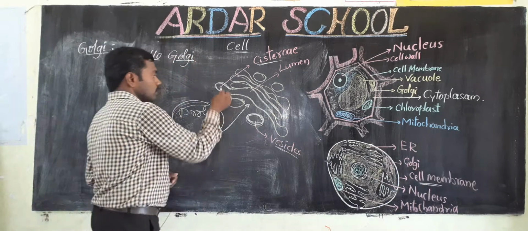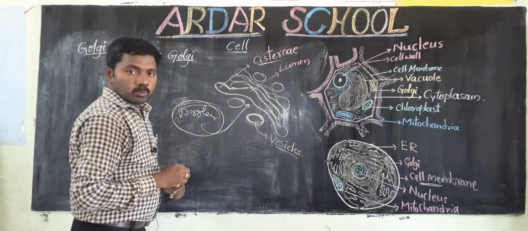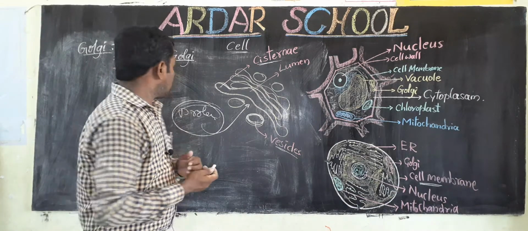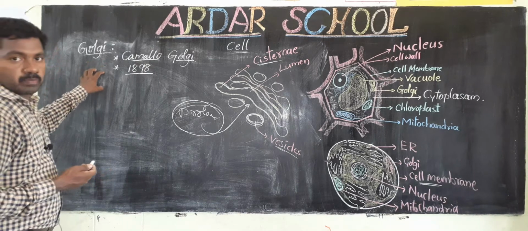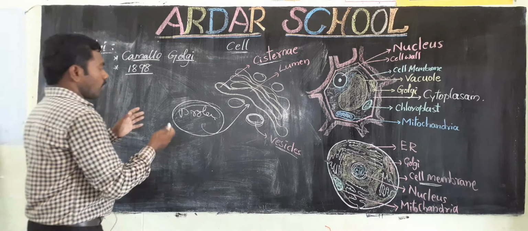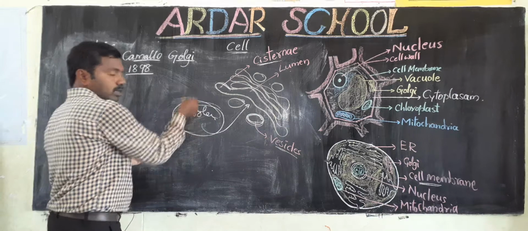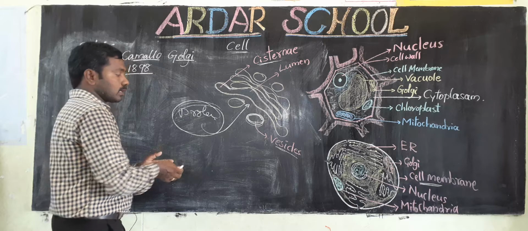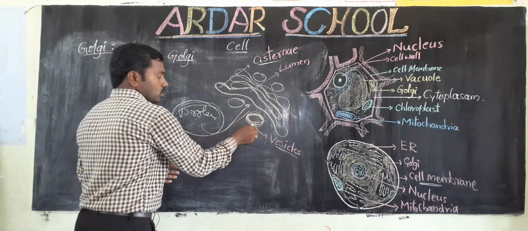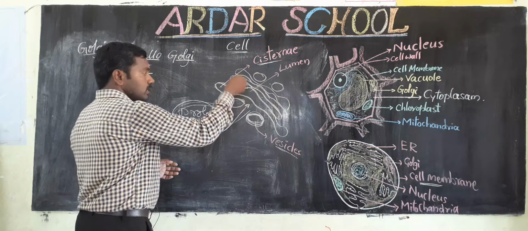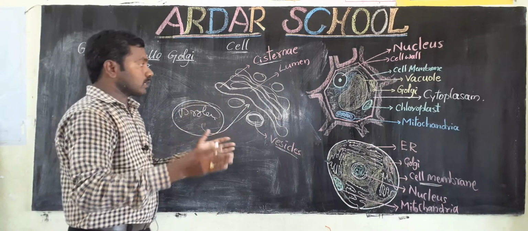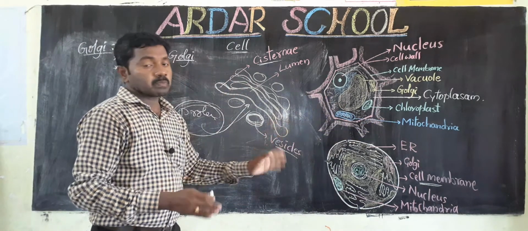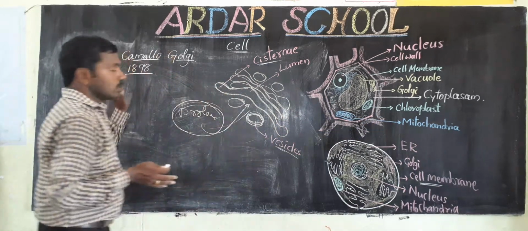Next, the Golgi bodies also secrete enzymes or hormones. From the ribosomes or endoplasmic reticulum, proteins and other substances travel through the vesicles near the Golgi bodies. Here they are stored, and after that they are transferred to other cell organelles, or near the cell membrane. That is the main function of the Golgi bodies.